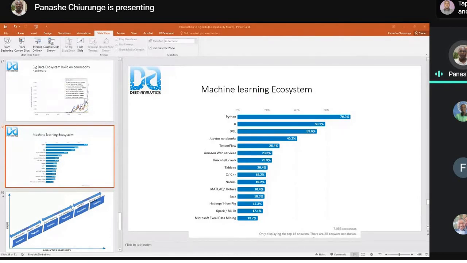We'll do Python, Jupyter Notebooks and TensorFlow. The rest at this stage are not important, because machine learning is mainly done through Python with Jupyter Notebooks using TensorFlow.